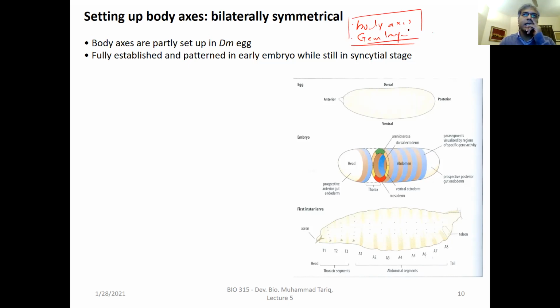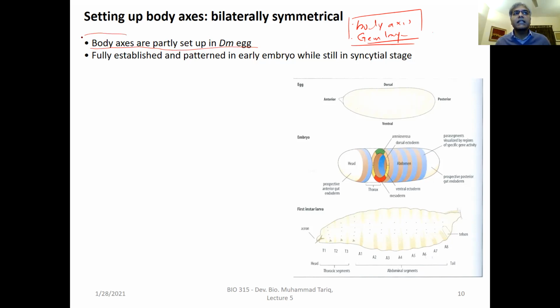Both of these things are very deeply rooted in the early embryo, or rather I would say the oocyte. When mothers in Drosophila lay down the egg, the body plan is already defined. The body axes are partly set up in the oocyte, which is followed once fertilization takes place.